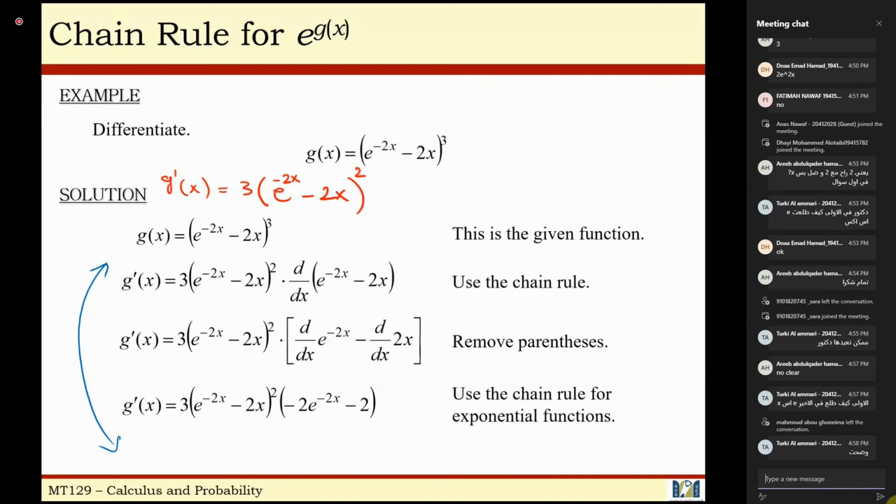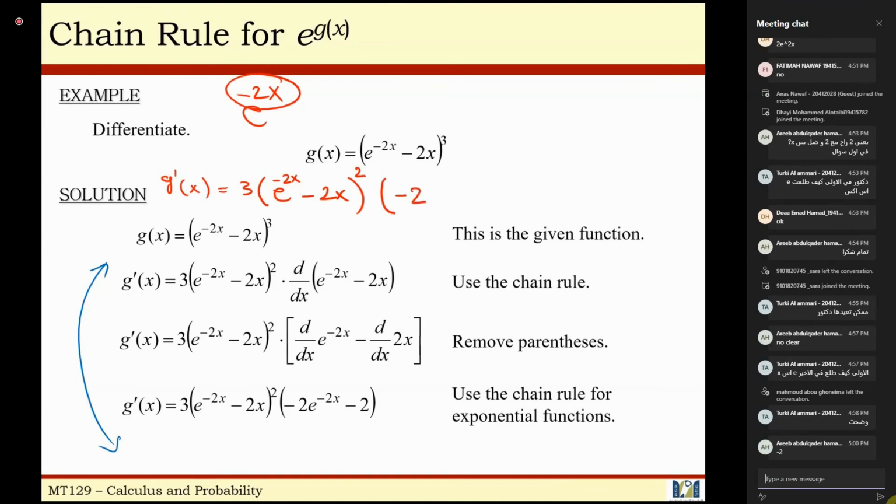Now we need to find the derivative inside the brackets. What's the derivative? E to the power negative 2x. Find the derivative of minus 2x, negative 2 with the same exponent. Minus, what's the derivative of 2x? This is equal to, just in one line.